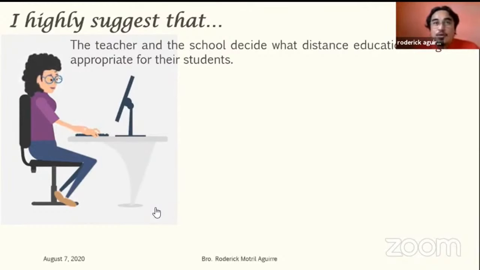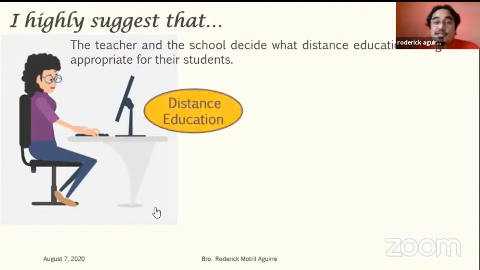Outside that, the division office, the district office, the regional office, they only have a general idea of the school's situation or the learning situation inside the school. Pero kung pagkilala sa kapasidad ng mga bata sa pagkatuto, ang nakakaalam po talaga are basically the teachers and the school. Therefore, when we create distance education design, it should consider this knowledge of teachers and the school about the learners. So here's what I suggest.